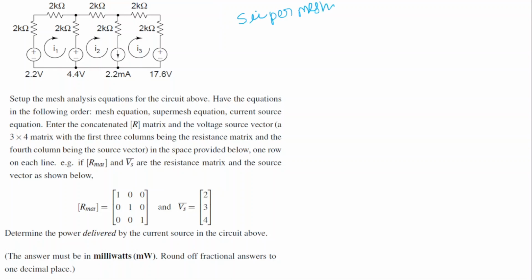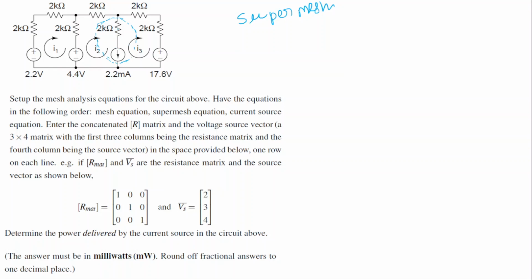What is the meaning of the super mesh? While writing the KVL loop in the case of a super mesh, we don't go through this branch. We write the KVL loop by removing this branch, because the current in this branch we know. So this is fixed.